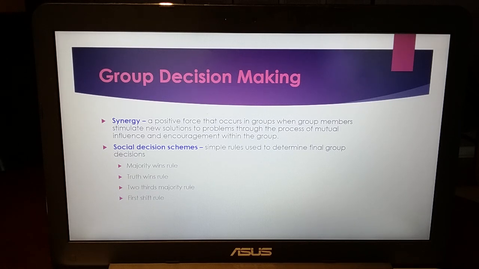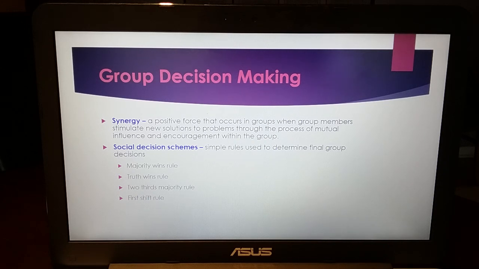So everyone will have this moment of enlightenment, so to speak. Two-thirds majority rule means that the decision favored by two-thirds or more of the members is supported. So straight math. And then first shift rule is this idea that members support the decision represented by the first shift in opinion shown by a member.